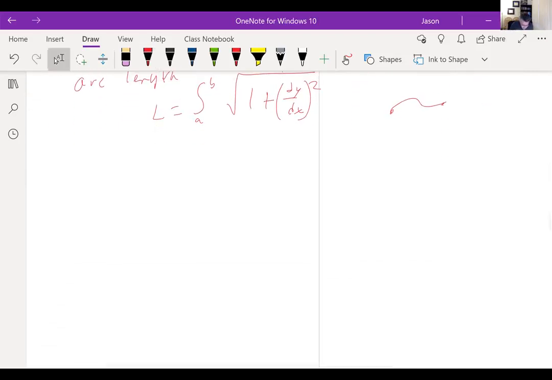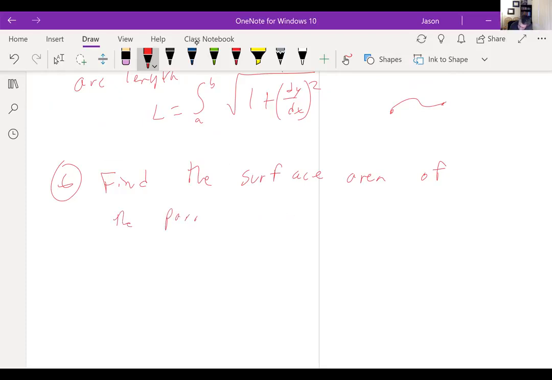Okay, so number 6 here. Find the surface area of the paraboloid z equals x squared plus y squared that lies under the plane z equals 9.